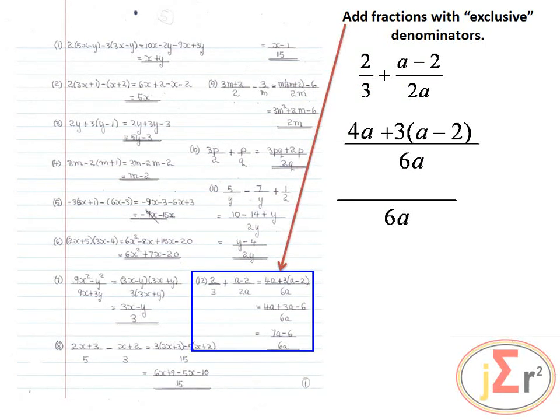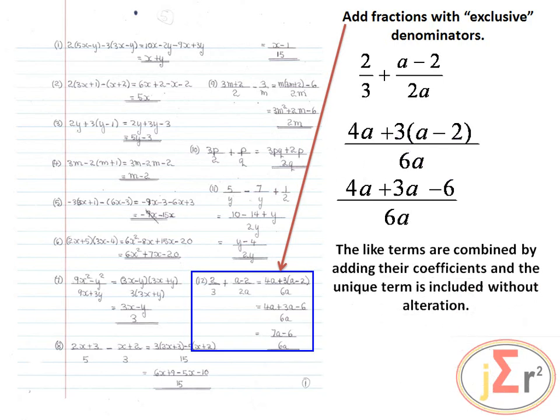What do we say? 4 returns as it is, and 3 times a is 3a. Now we have a positive 3 to be multiplied by a negative 2. And what do we imagine? The result is a negative 6.